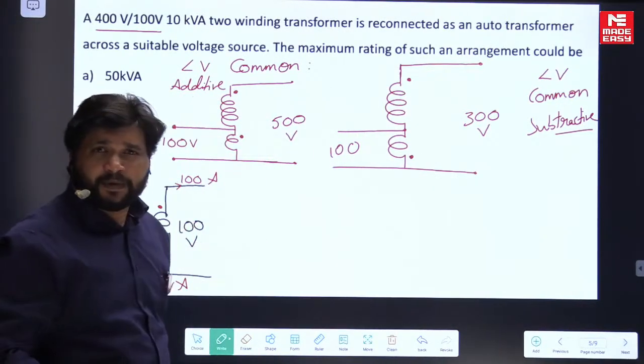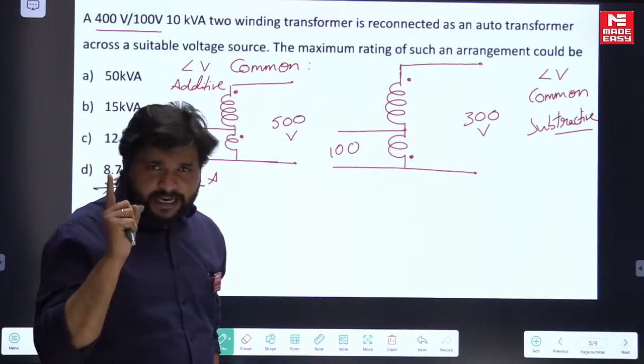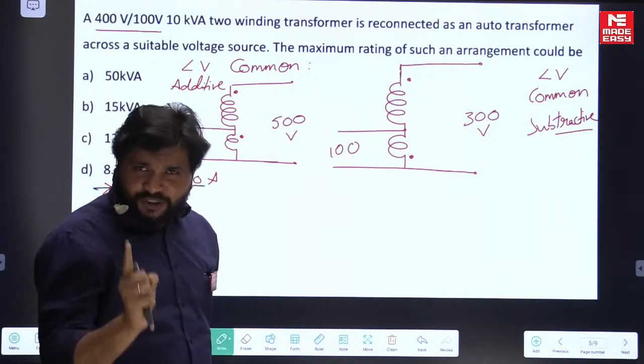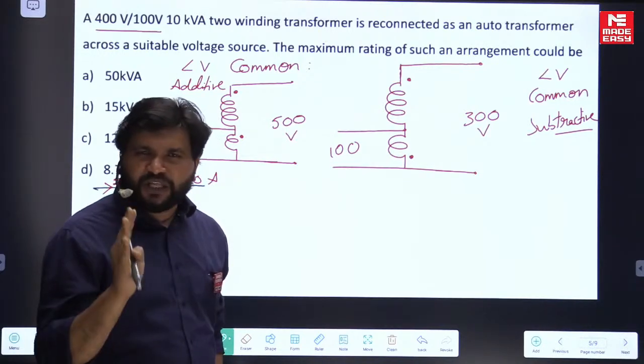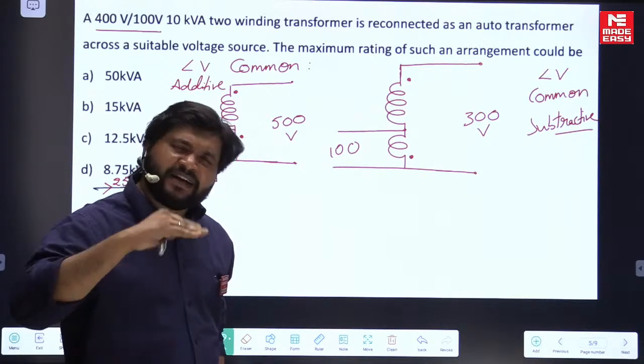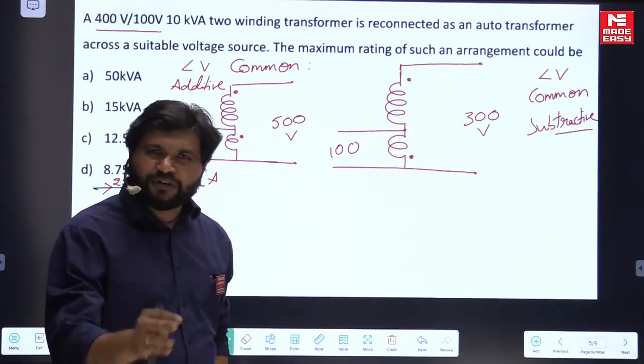One more thing: HV as common, additive polarity; HV as common, subtractive polarity. These four connections will give you four different ratings totally. That you have to understand.